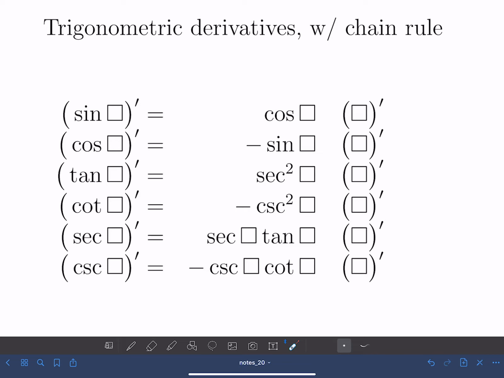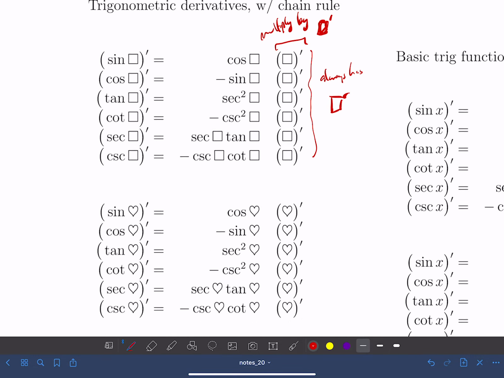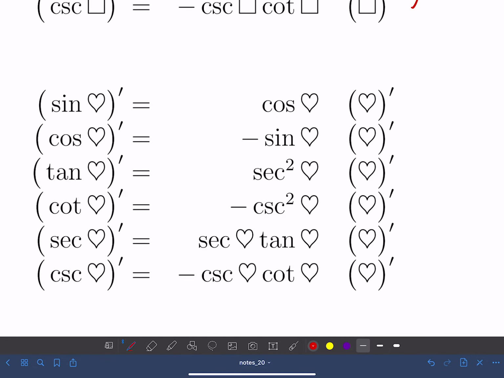And then in all of those cases, we always multiply by whatever was on the inside, and we take the derivative of it. So this always has a square prime after it. So it seems like just a lot to remember. And that's why we just give you the basic formulas, and then you just have to remember, I chain it out on the outside.